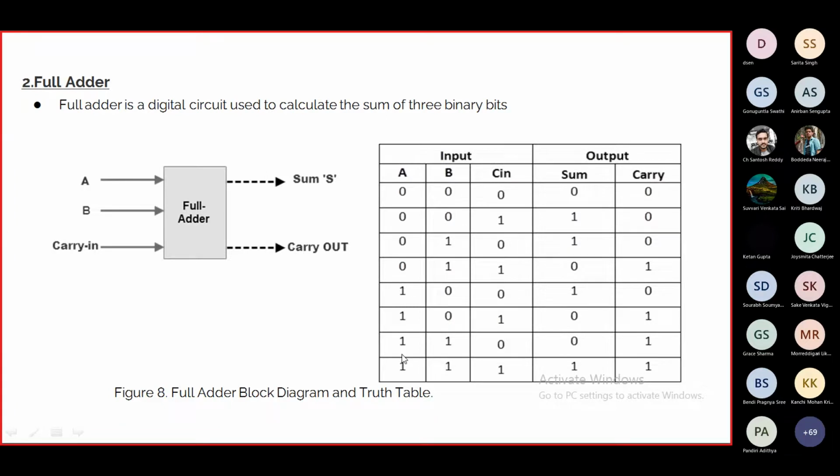When we take input 1, 1, 0, 1 plus 1 gives sum 0 and a carry is generated, then 0 plus 0, so sum is 0 and carry is 1. When we take input 1, 1, 1, we add 1, 1, 1, then sum is 0 and carry is 1, and again 0 plus 1, so sum is 1 and carry is 1.